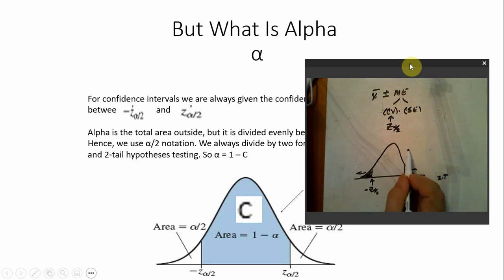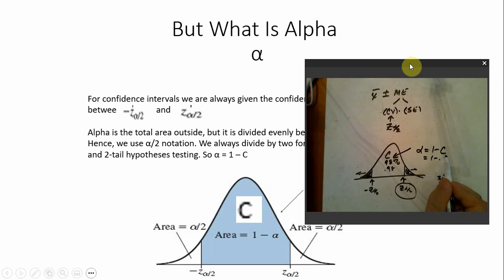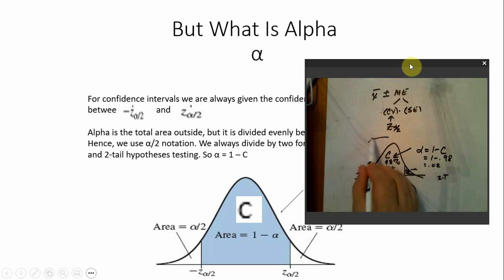Okay, so inside, there's always some confidence. Let's say we did 98% confidence, this is 0.98, the area is 0.98 on the inside, and my alpha, this is my standard way of working it through. Alpha is going to be 1 minus C, so it's 1 minus whatever the confidence value is. If we do 0.98, here's 0.02 outside, all outside.